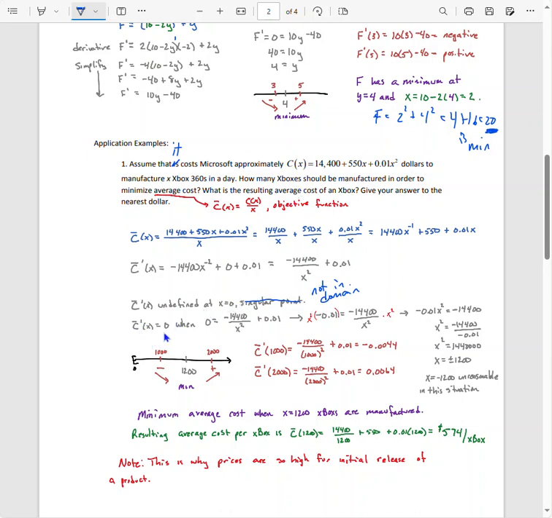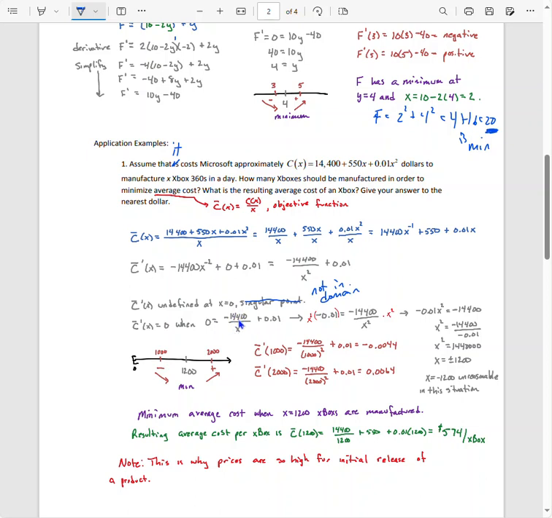I know that C bar prime of x equals 0 when negative 14,400 over x squared plus 0.01 equals 0. So the first thing I did is I subtracted 0.01 from both sides here in gray. And then to get rid of the x squared, I multiplied both sides by x squared. Really, I should have added this to both sides.